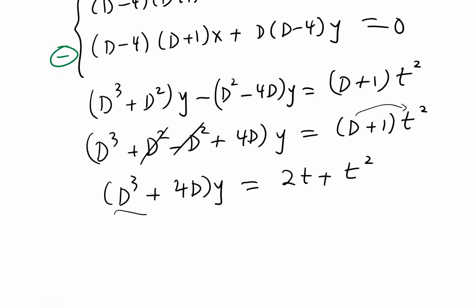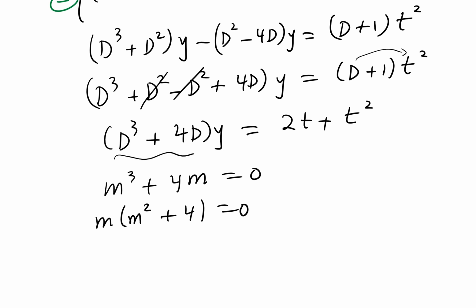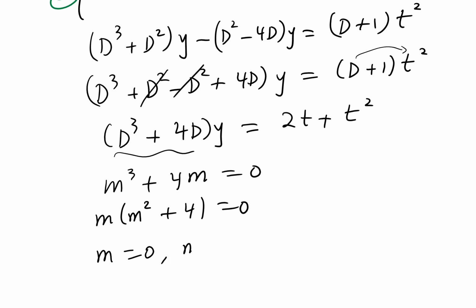Notice this is not 0 on the right side. So the auxiliary equation would be m³ + 4m = 0. Factor m out, m(m² + 4) = 0. So then what do we get? We get m1 = 0, m2 = 2i, and m3 = -2i.